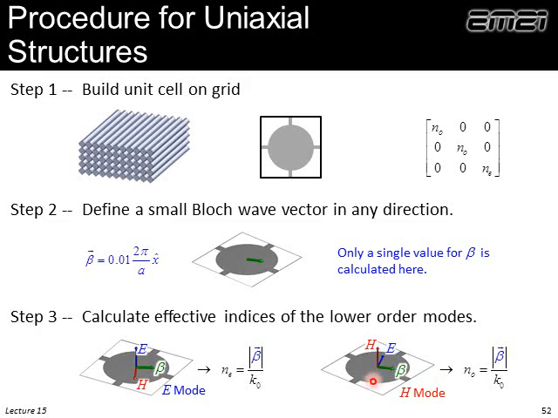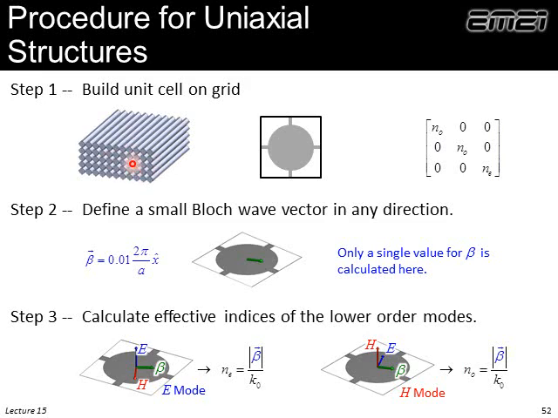We do the exact same thing again, but now we're solving it for the H mode. Remember, the H mode has the H field out of plane. That means the electric field now will be in plane. And so, again, it does not matter what direction the Bloch wave vector is in, as long as the E field is oscillating within this plane. In our metamaterial, we're talking about an electric field oscillating either up and down or in the horizontal plane.